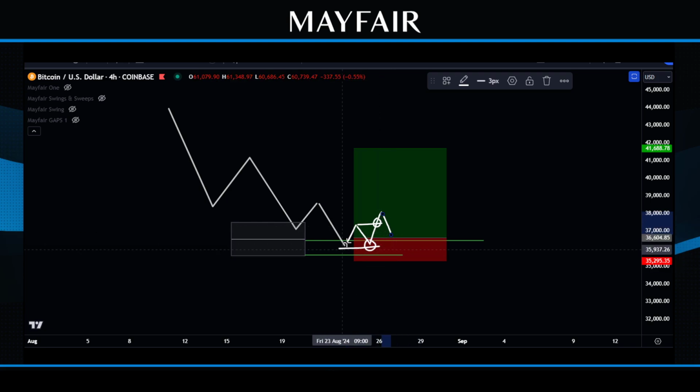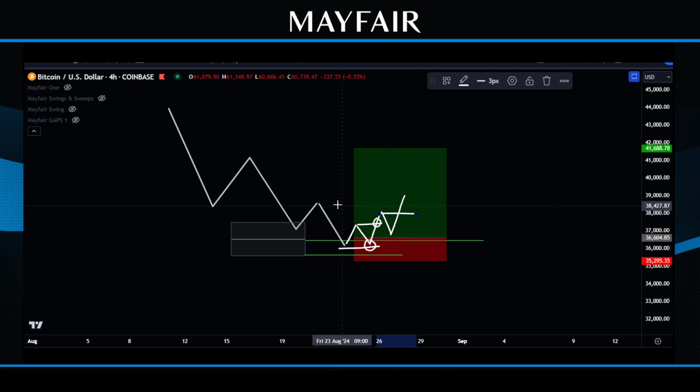Because all we've done is come up, gone back into the liquidity, gone through to make the first move in that market structure shift, the break of structure in terms of what we're seeing right now. And therefore, the actual move is there. Okay?